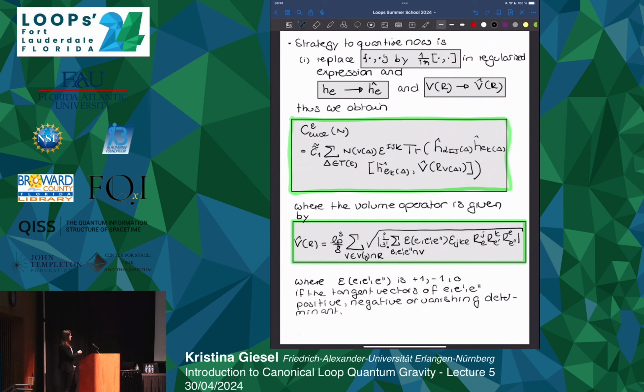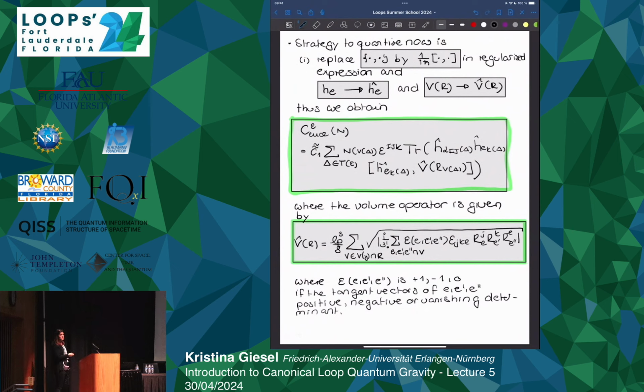And it has this form here. You can see it involves a holonomy operator for the loop. It involves the holonomy along the edge e_k and its inverse. And in the commutator is also involved the volume operator, which has this form.